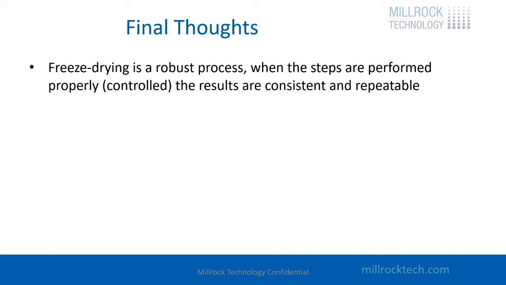Some final thoughts. Freeze drying is a robust process, and when the steps are performed properly, meaning they're controlled in every aspect, the results are consistent and repeatable. All right, so that's critical. If you're having variation in the quality of the product that's coming out of the freeze dryer, something in the process is not consistent.